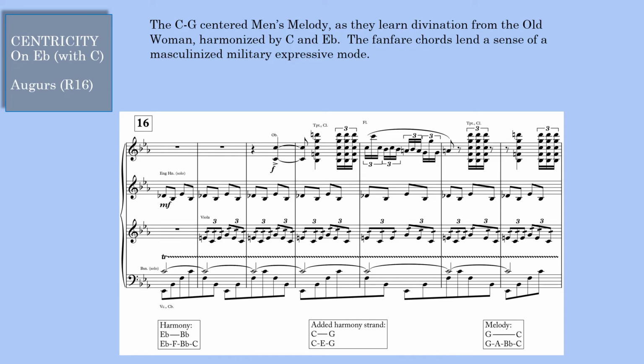In the Augurs of Spring, the first scene after the curtain goes up, the men's melody, as they learn divination from the old woman, is centered on C-G, accompanied by harmonies on both C and E-flat. The fanfare chords lend a sense of masculinized expressive mode.